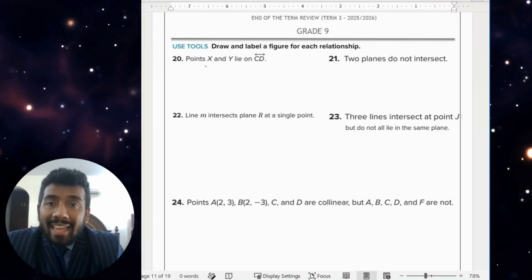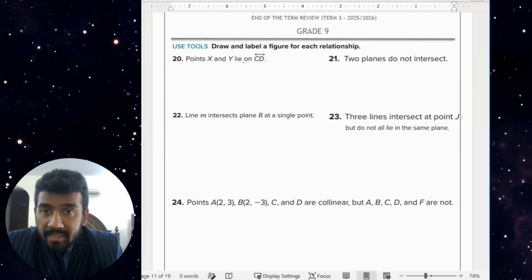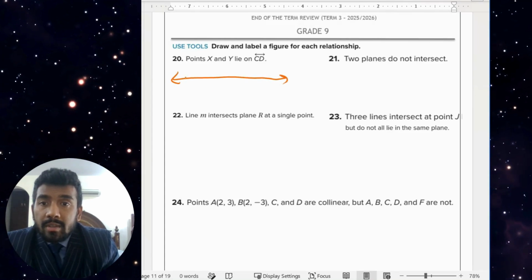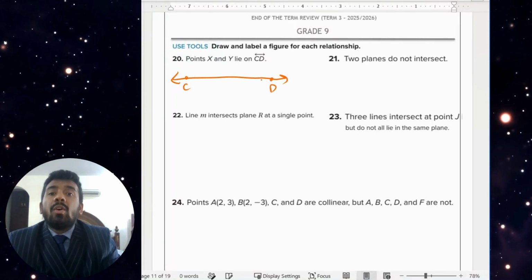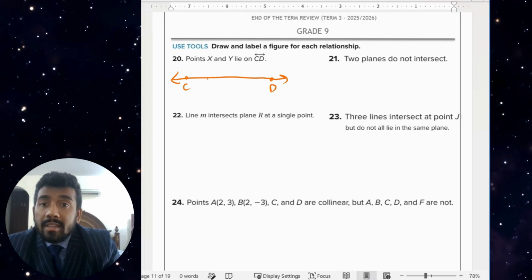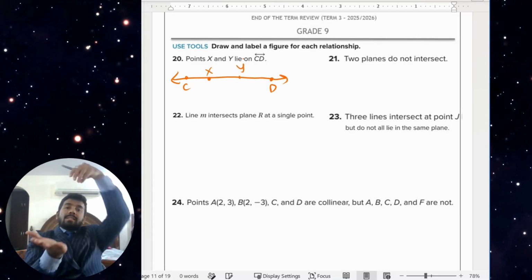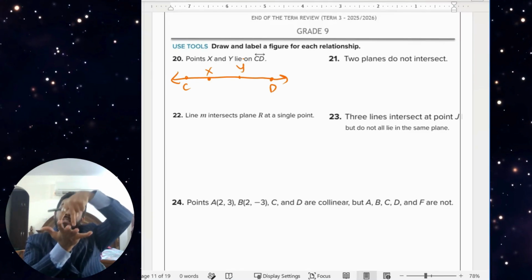Points X and Y lie on CD, and this means it's a line. So it's a line CD, means what? There is a point C and there is point D. So that's the line called CD. And on it, point X and Y lie. Lie means what? It falls on it. So you can just put X and Y on that line.